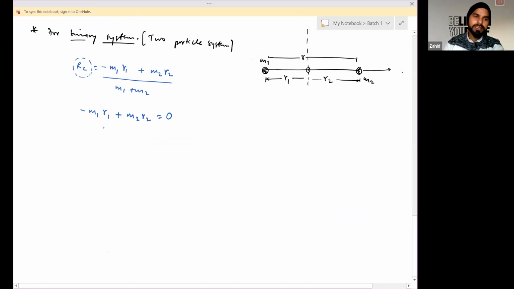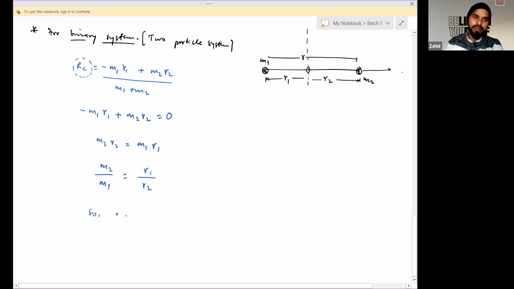Now, if you rearrange it, move this M1, M2 to the other side, you will get M2 R2 equals M1 R1. So M2 divided by M1 equals R1 divided by R2. So in this relation, you will say mass of a particle is inversely proportional to its position, as M2 is inversely proportional to R2.